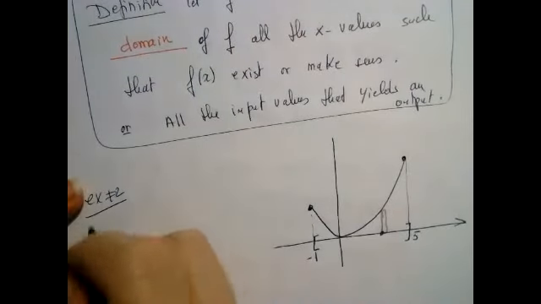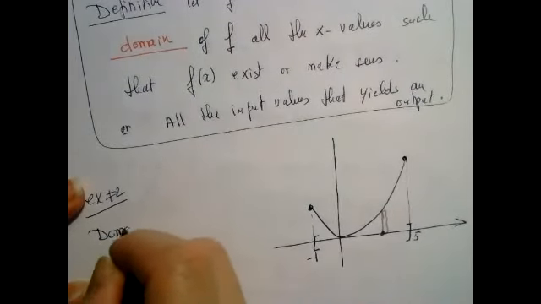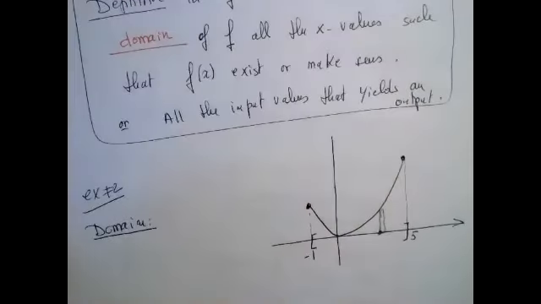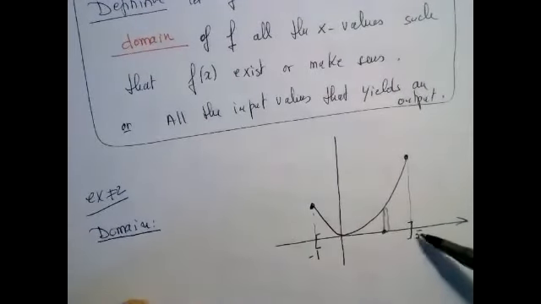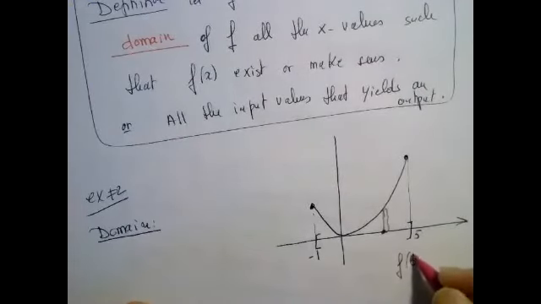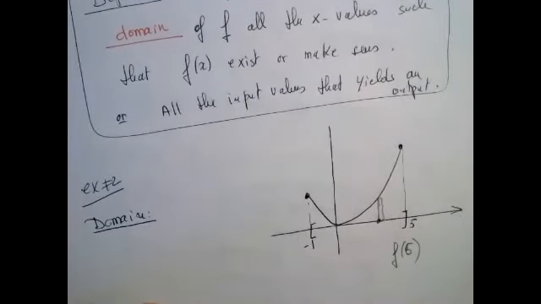What's the domain in this particular situation? The domain are all the input values, or the x values, for which f of x exists. So what's the domain here? In other words, if I tell you what's f of 5, what's f of 6, what would be your answer?